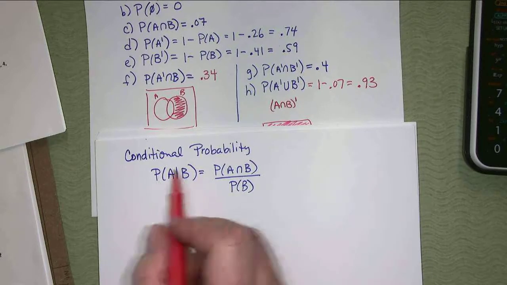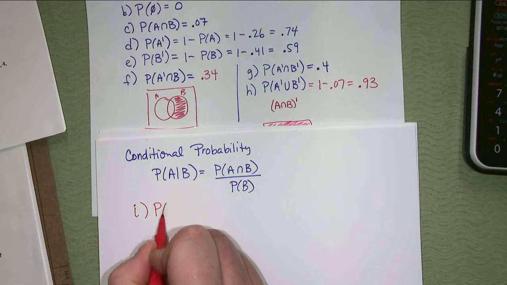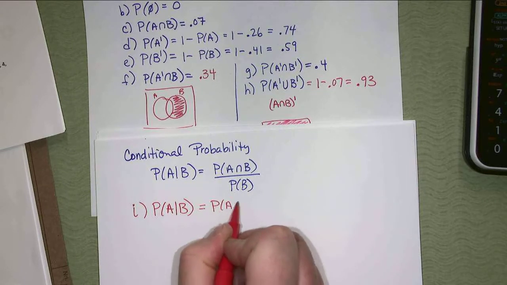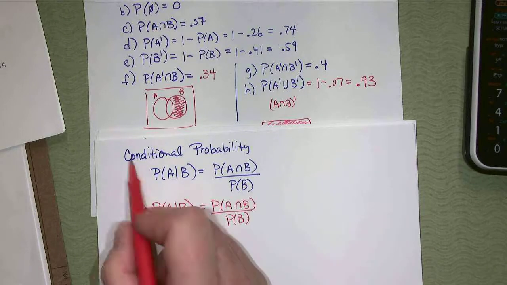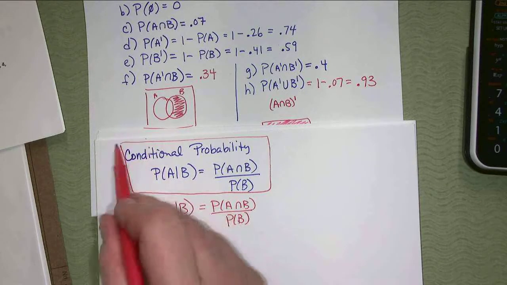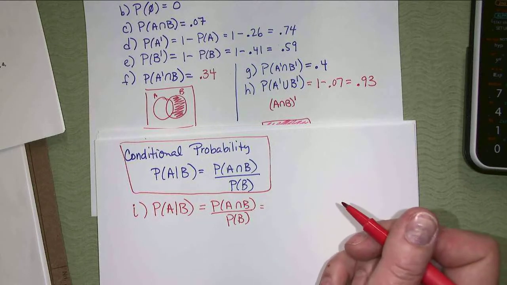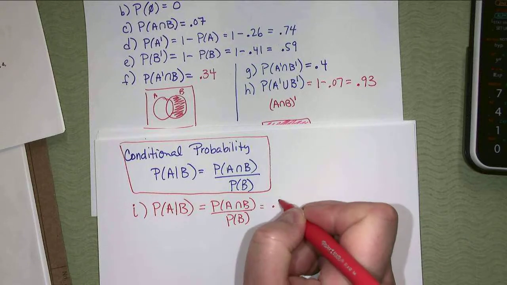So here, which is the first one? I. Probability of A given B. So you would say, okay, this is the probability of A intersection B over the probability of B. This was the formula, which we didn't need to change anything for this one. The probability of A intersection B, we found the intersection is 0.07.